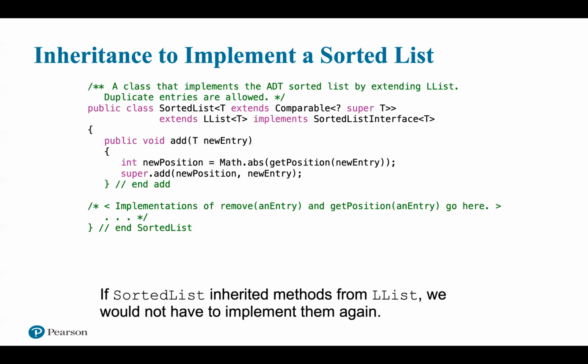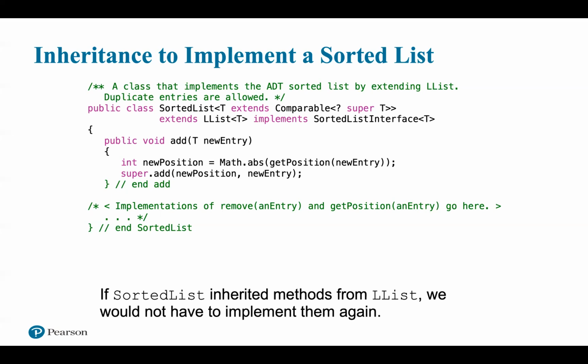For using inheritance to implement a sorted list, recall the implementation of the class SortedList that we developed in chapter 17, beginning with segment 17.20. SortedList has an instance of another class, LList, as a data field. Thus, SortedList and LList have a has-a relationship.